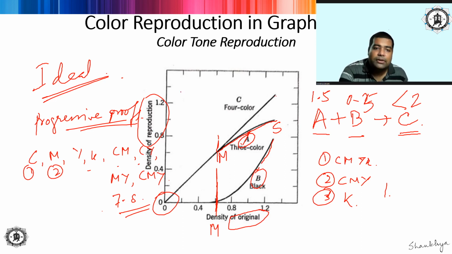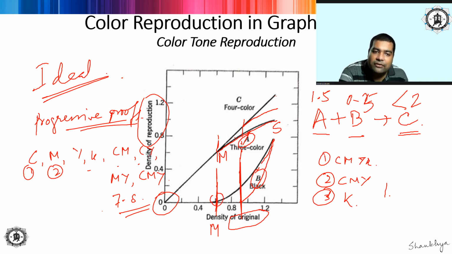Now, for example, if your three color response would have been like this instead of like this, we automatically would have started the black like this.